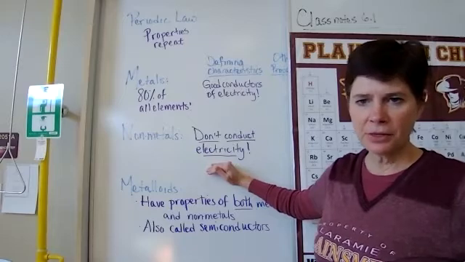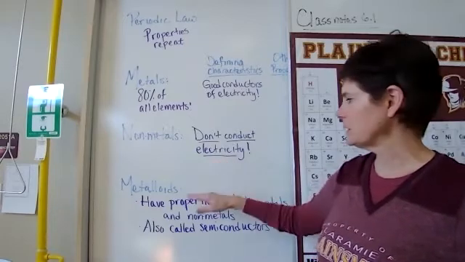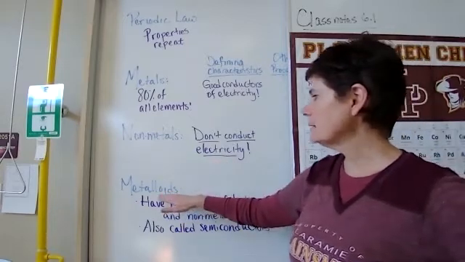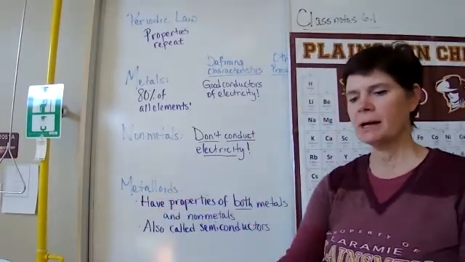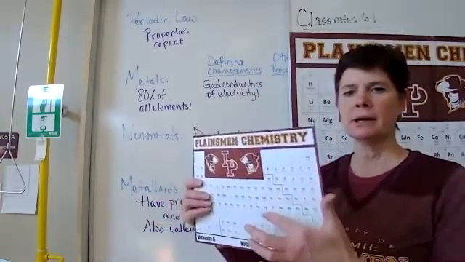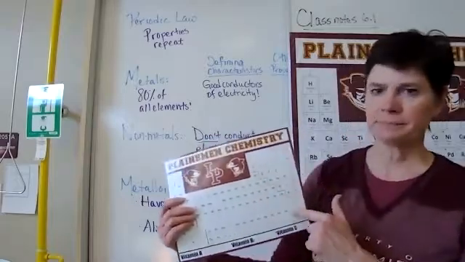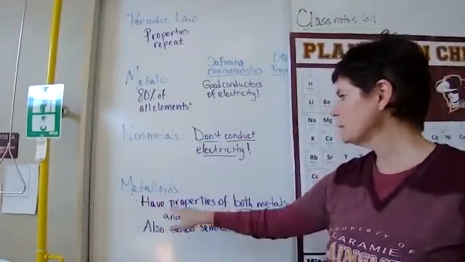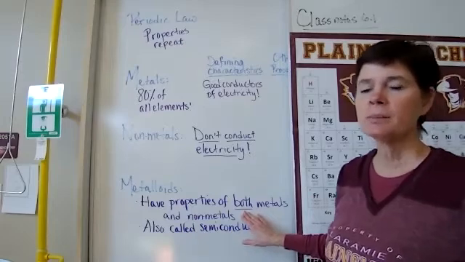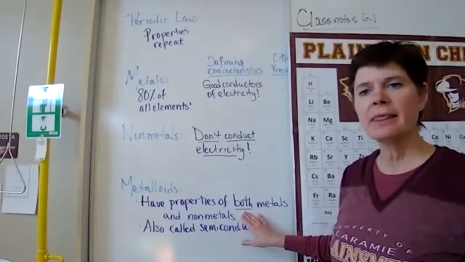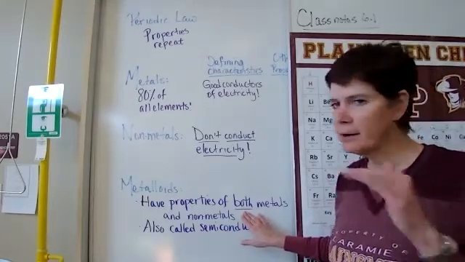Now there's the third type of element, which is metalloids. And metalloids are kind of unusual. Those are those ones that are touching the stair-step line. So along the stair-step line here. And metalloids have properties of both metals and non-metals. Please never tell us that metalloids are a mixture. They are not.